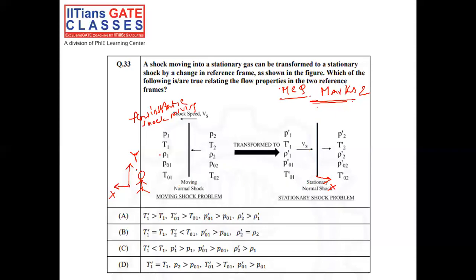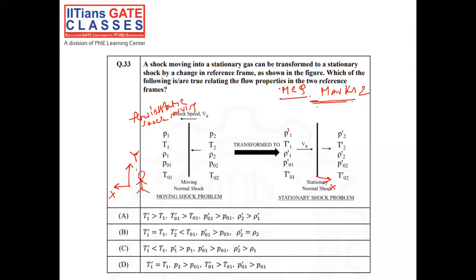All right. So these P1, T1, ρ1 are the downstream conditions in case of the moving shock, and P1 dash, T1 dash, ρ1 dash are all downstream conditions in case of the stationary shock. Now P1, T1 and ρ1 are the static properties: pressure, temperature, and density. And all these static properties are measured by an instrument which is moving with the absolute flow velocity, so the relative velocity between the instrument and the flow has to be zero.